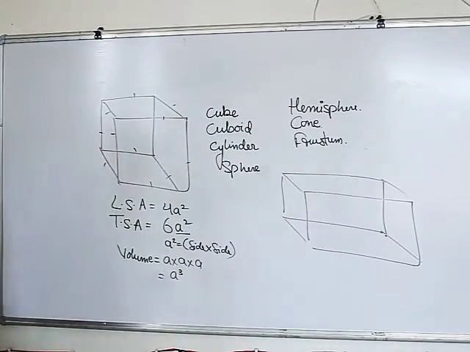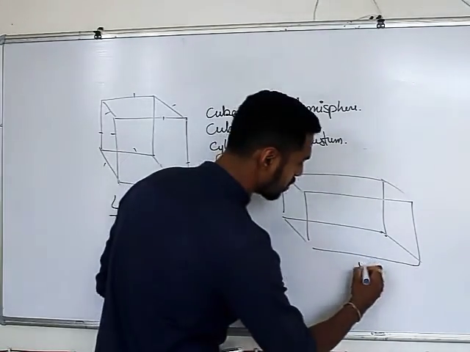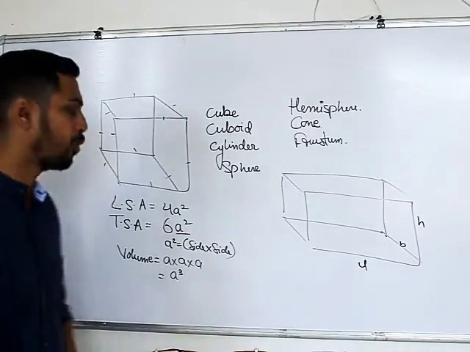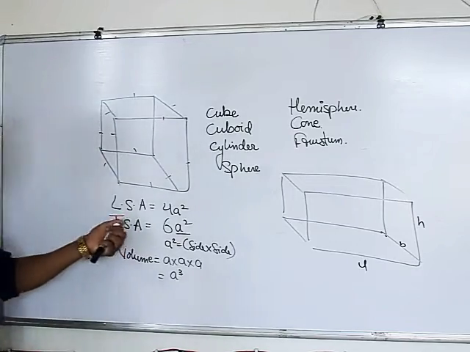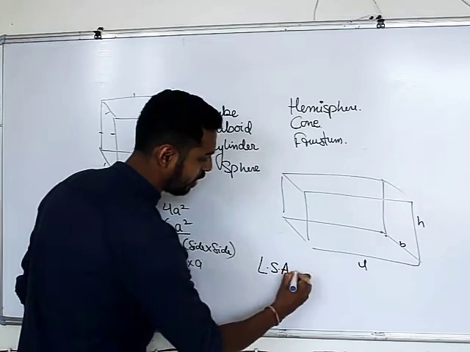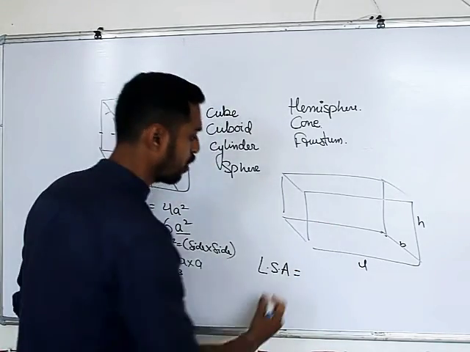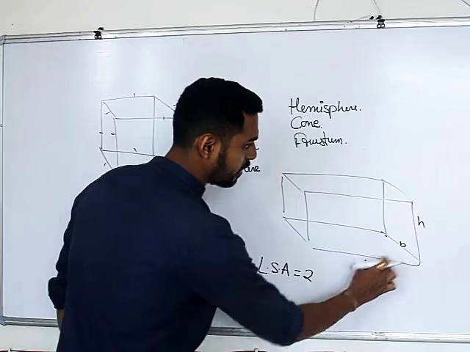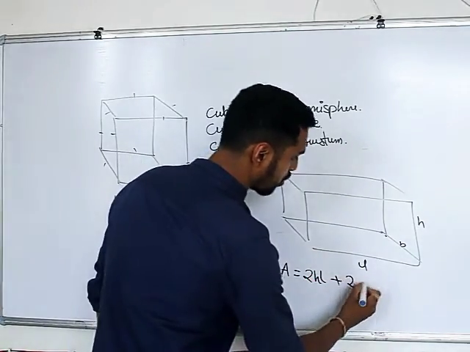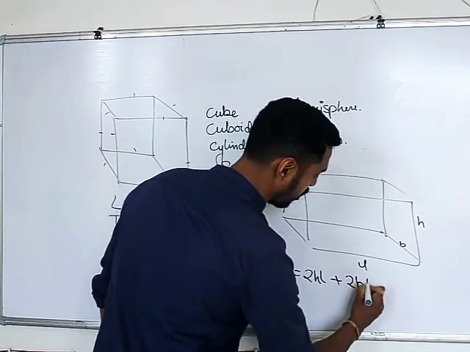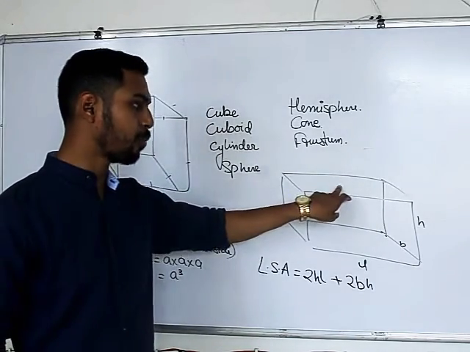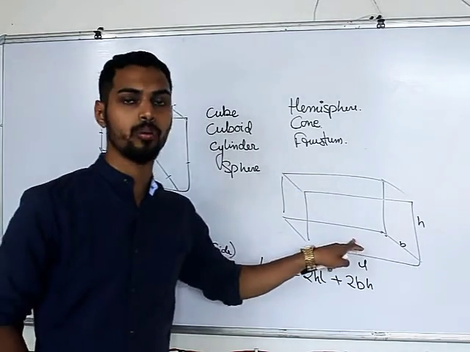So here in cuboid, this is length, this will be your breadth, and this will be your height. Okay now. So same like this, cuboid also has lateral surface area, and it will be 2 times of length into height plus 2 times of breadth into height. In lateral surface area, this upper portion and this lower portion will not be taken.